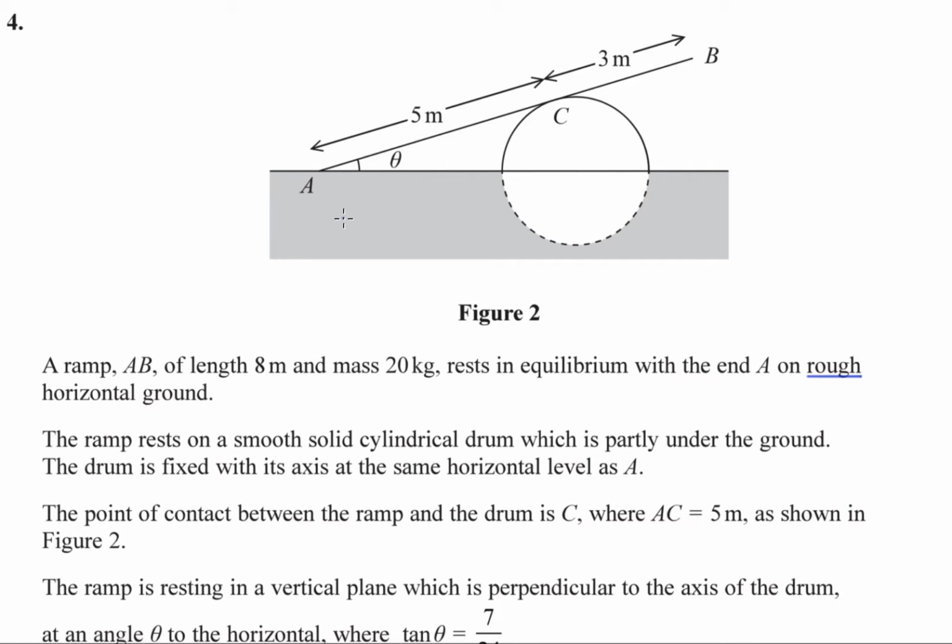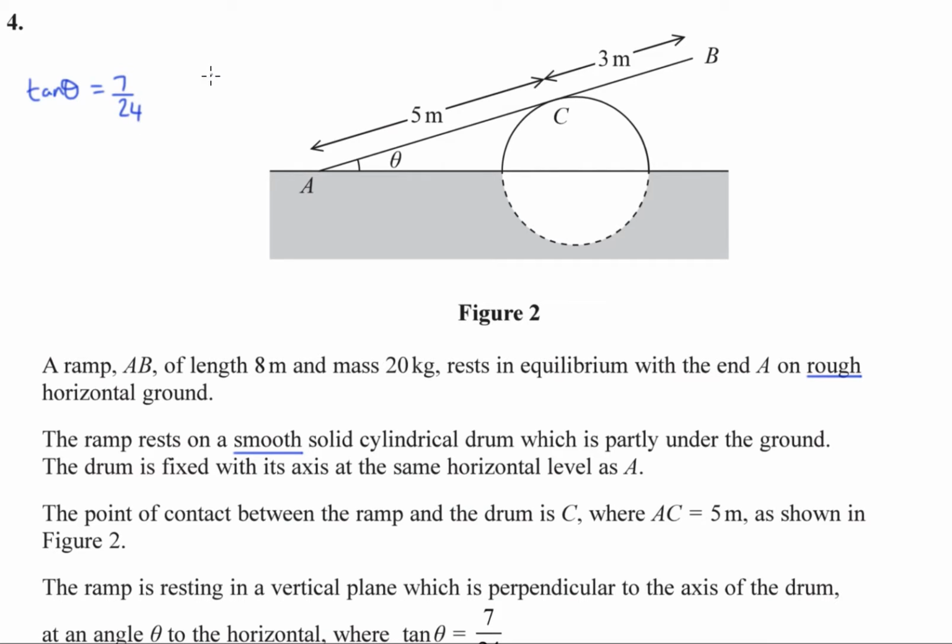The ramp rests on a smooth, solid cylindrical drum, partly wedged under the ground. The drum is fixed. This length is 5. We've got an angle, tan theta is equal to 7/24.